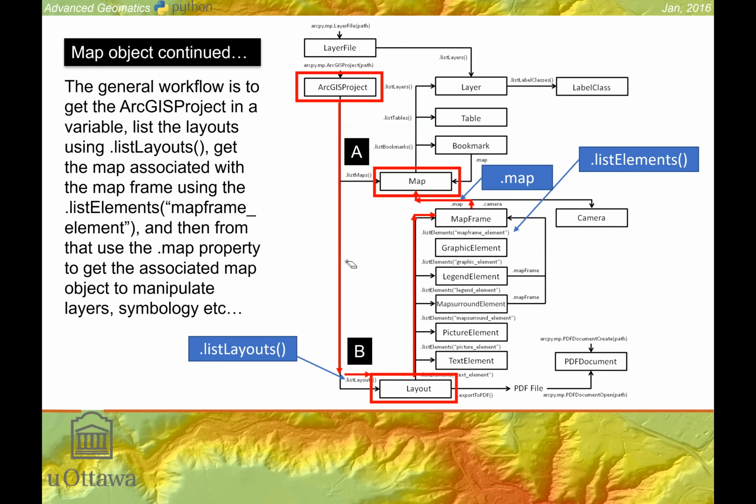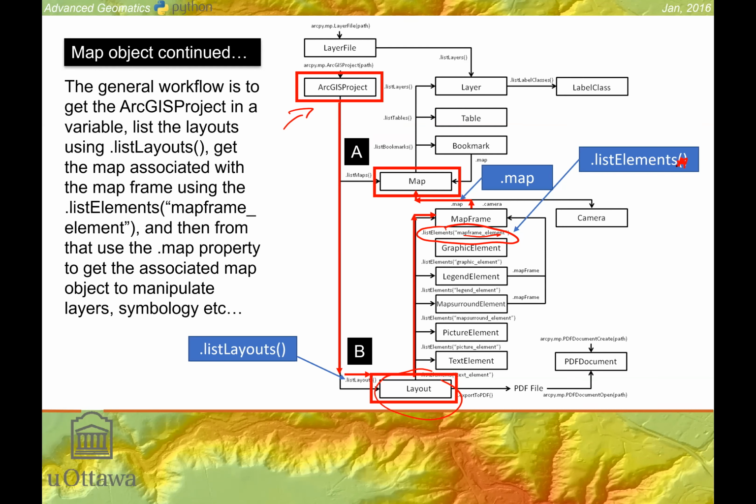And this is what it looks like in terms of the general workflow. The general workflow we'll follow, and that's best to follow, is this: get the project, list layouts to get the layout, then list elements, looking for map frame elements. If there is more than one, you can put a wildcard in there, which is just a particular name of a map element.